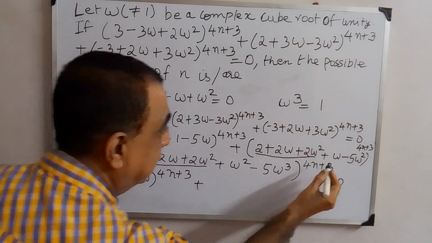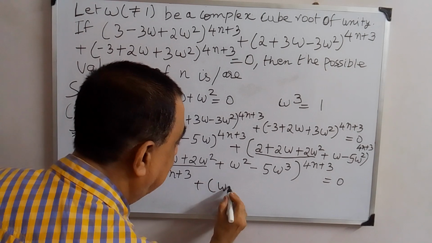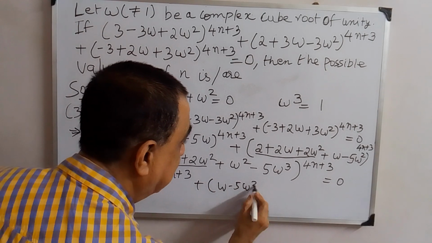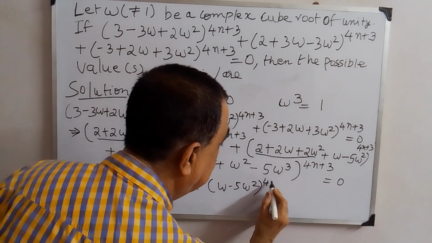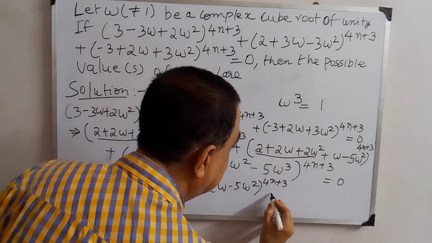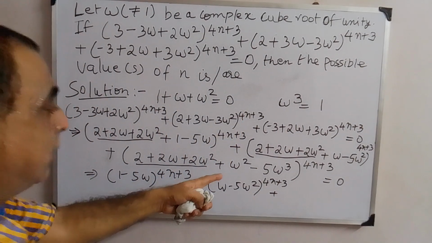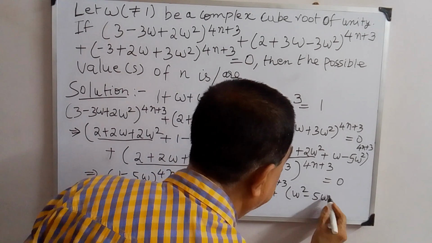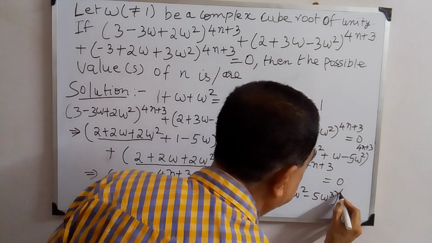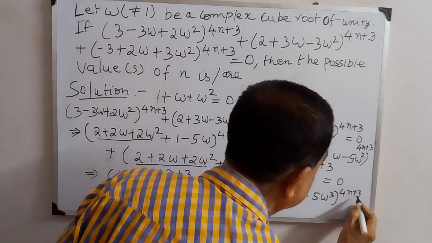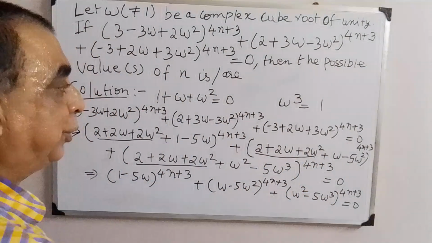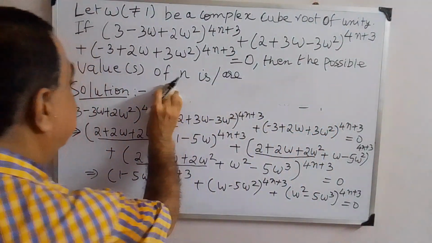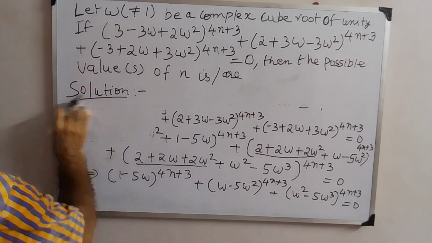And here we have omega minus 5 omega squared whole to the power 4n plus 3. And here we have omega squared minus 5 omega cube whole to the power 4n plus 3 is equal to 0.